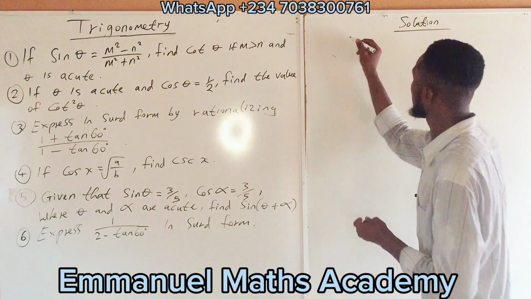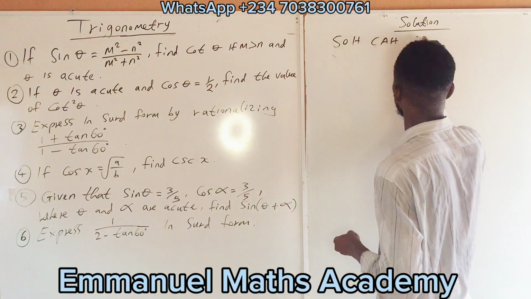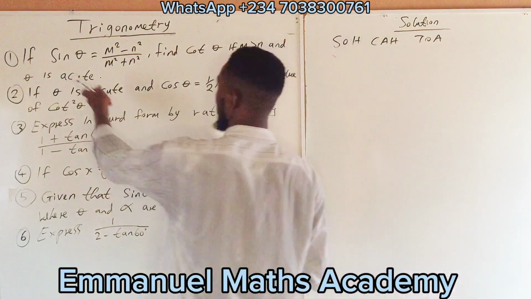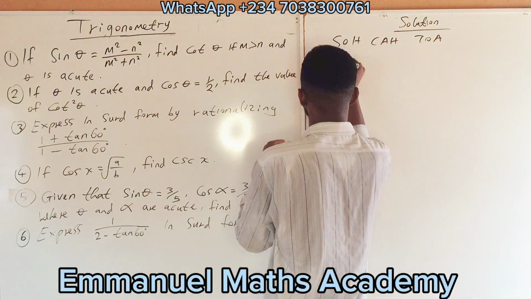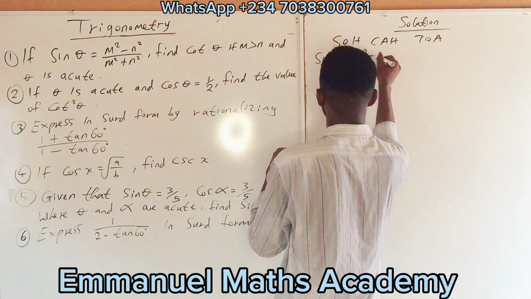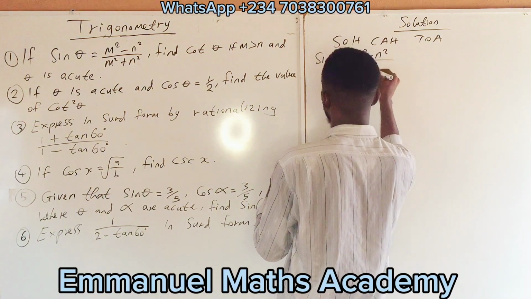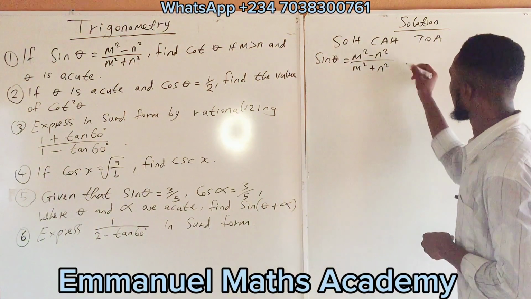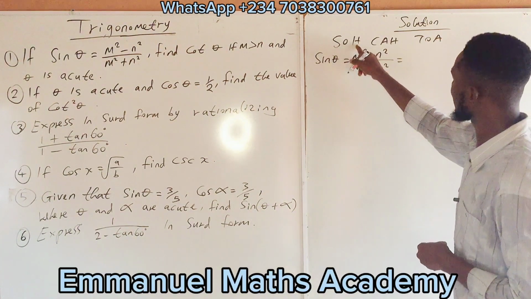Now from this acronym, SOHCAHTOA, sine theta is equal to m square minus n square over m square plus n square, right? This is opposite over hypotenuse.